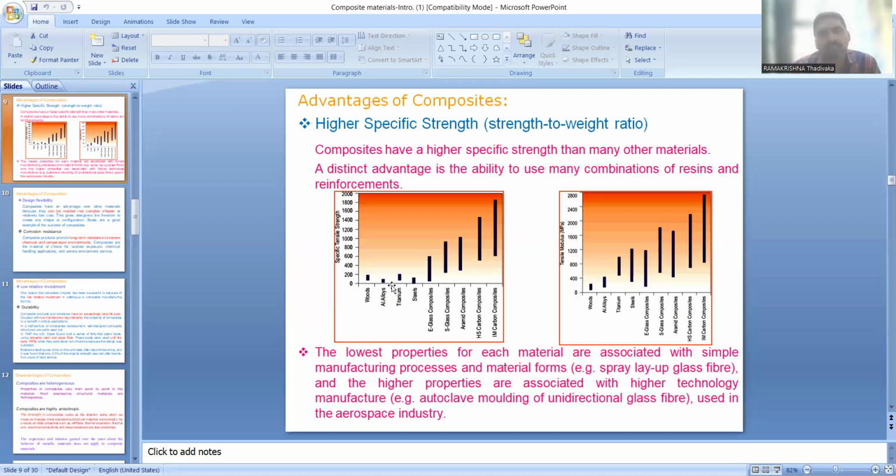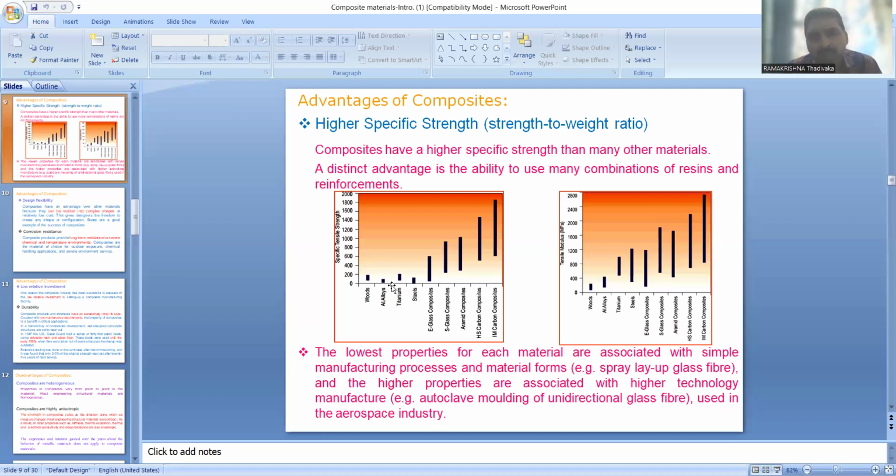Composites have higher specific tensile strength and tensile modulus.